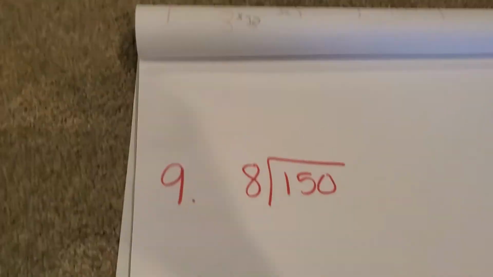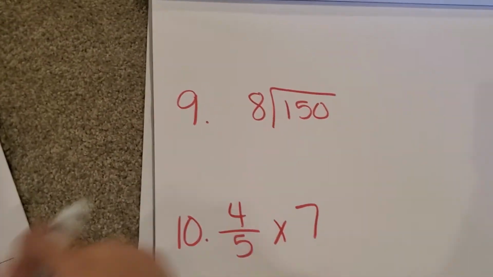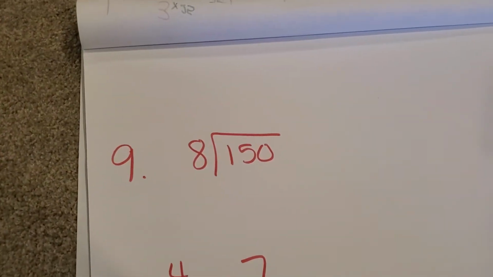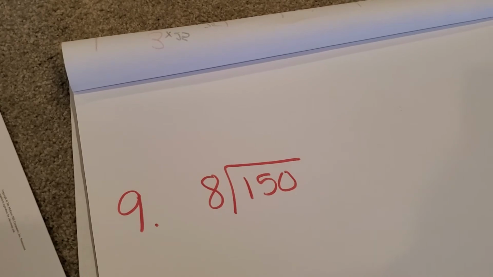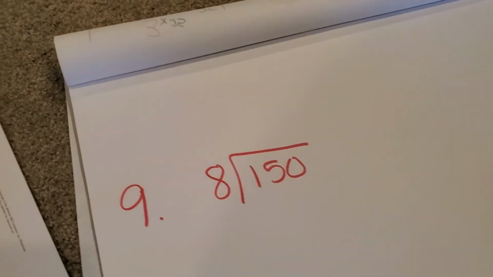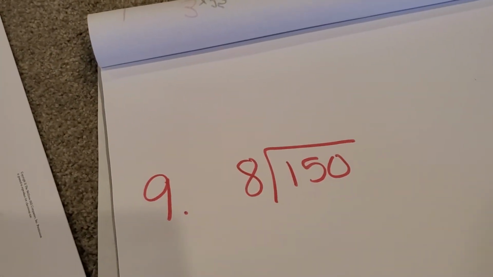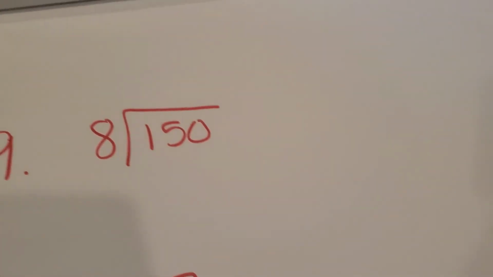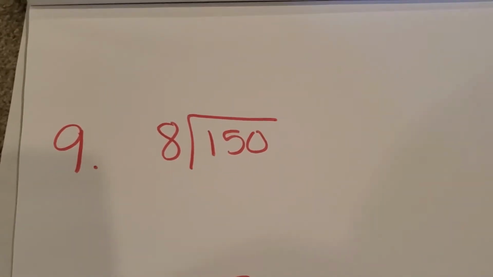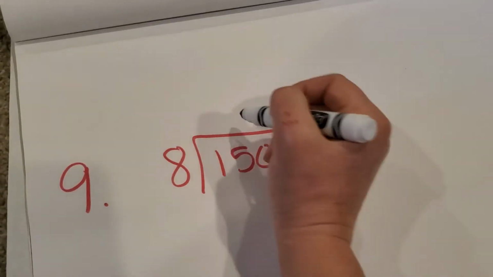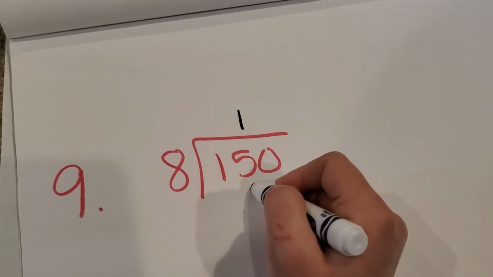All right, number 9. Number 9 wants us to decide how many containers of bracelet beads. She buys 150 bracelet beads. How many beads should each girl get? So we need to divide this problem. 8 goes into 15 one time.